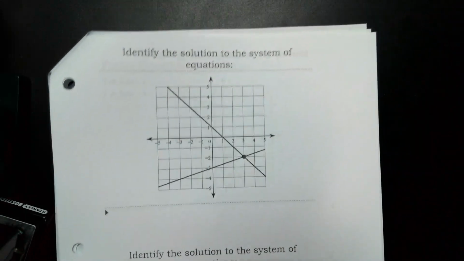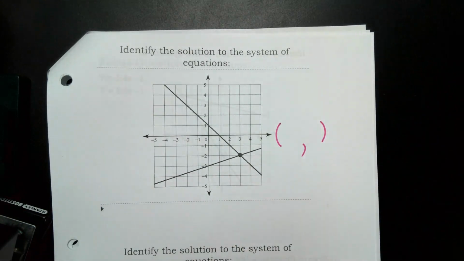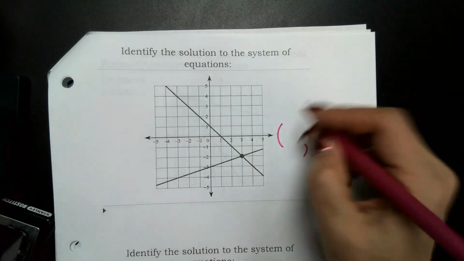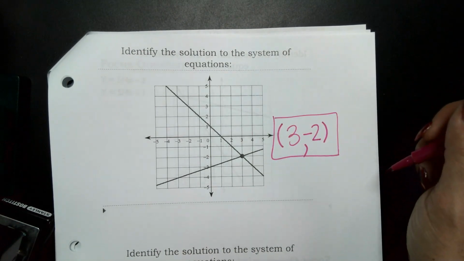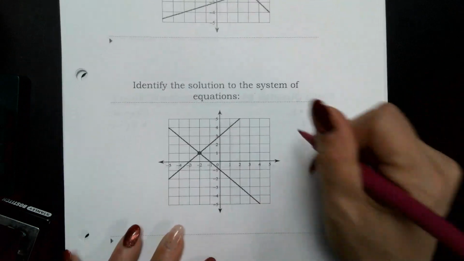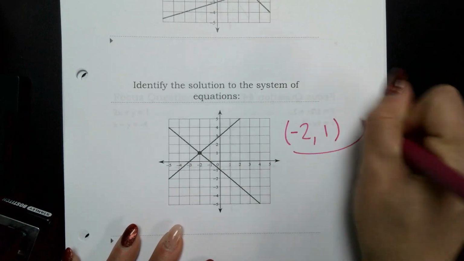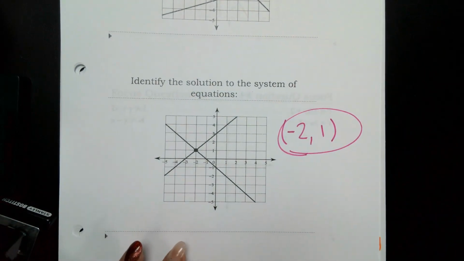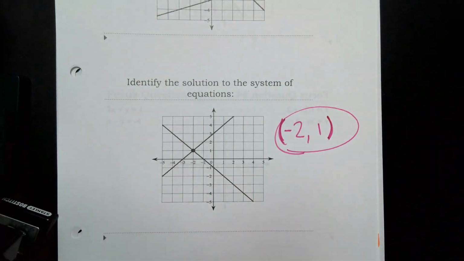They want us to identify the solution. So they're asking you for the ordered pair of where they cross. Good job. 3, negative 2. The next one, negative 2, 1. Please make sure you are writing your ordered pairs in parentheses. That's how they are supposed to be written.